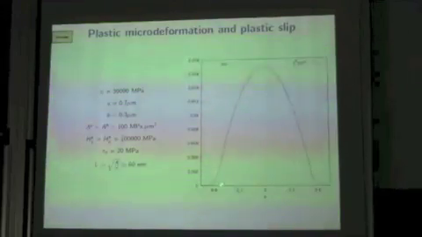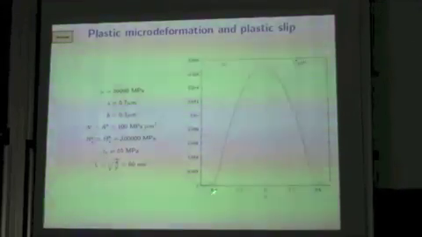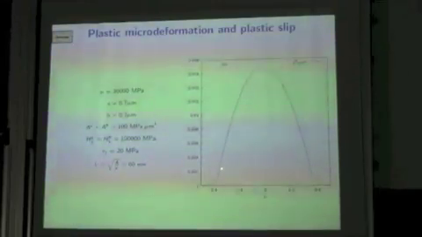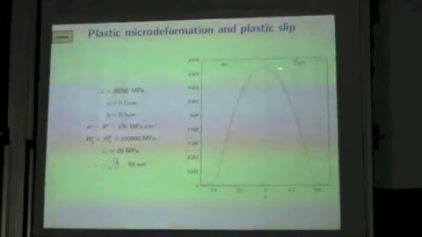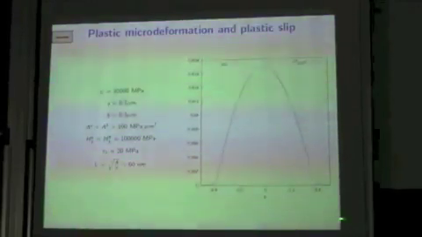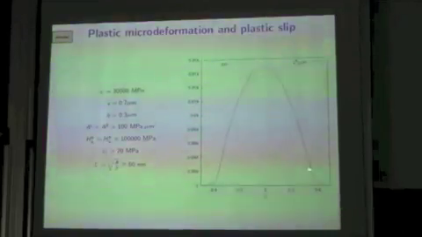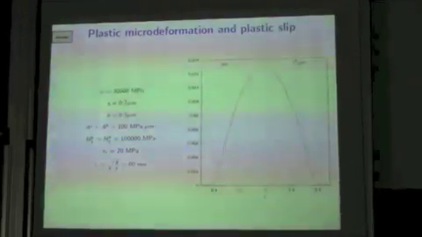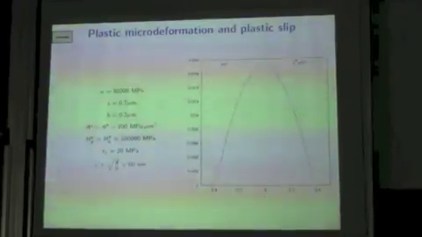You have the soft phase, the limit is here, and you see that you have some microplastic deformation in the plastic phase, and you must have a bit of microplastic deformation also in the elastic phase where there is no plastic slip, but to transmit the double traction you have to activate this mechanism close to the boundary.